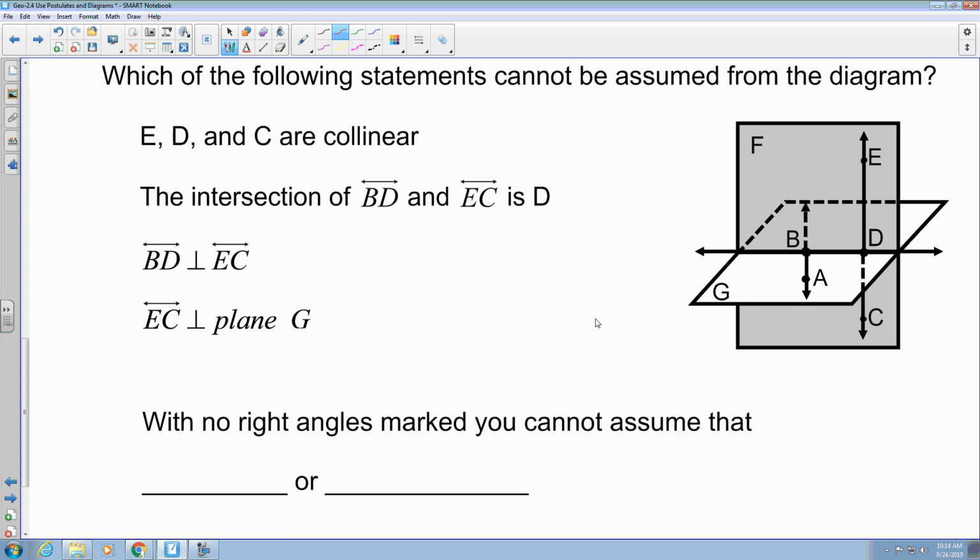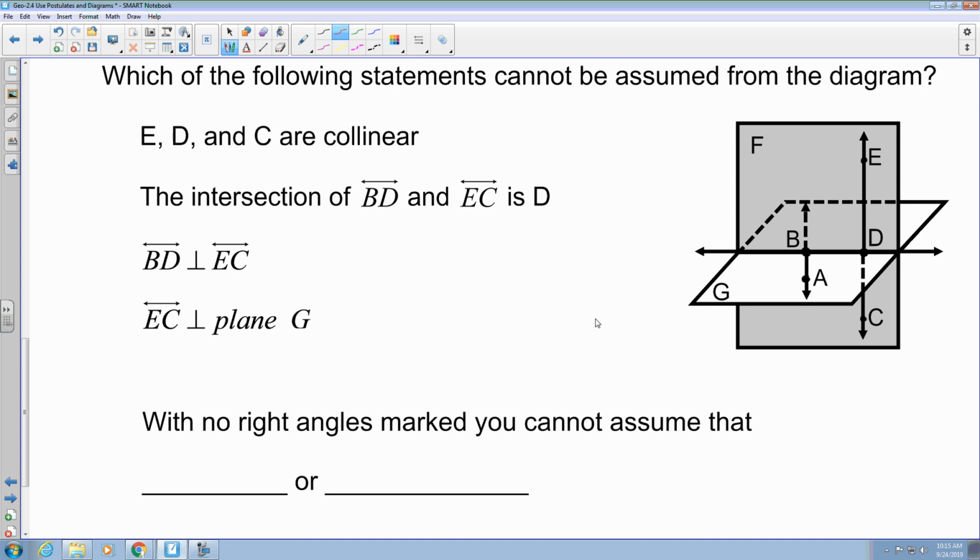Here it says, which of the following statements cannot be assumed from the diagram? It says E, D, and C are collinear. Can we assume that? Yeah, we can, because they're right on this line.